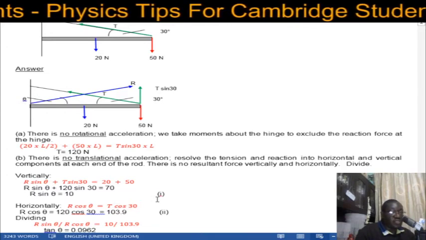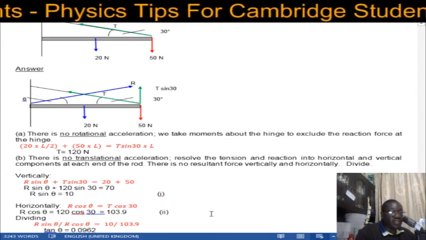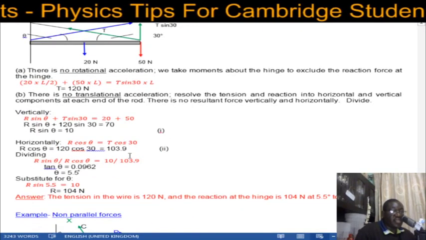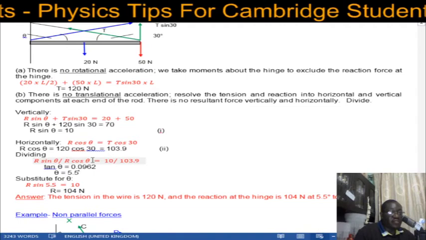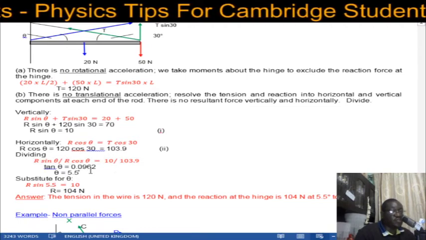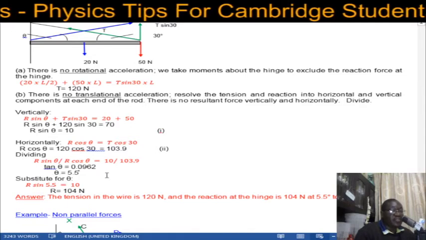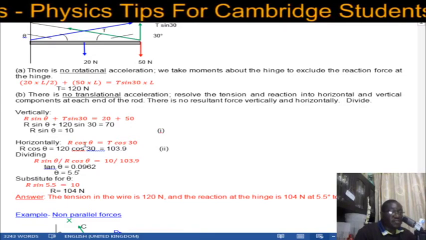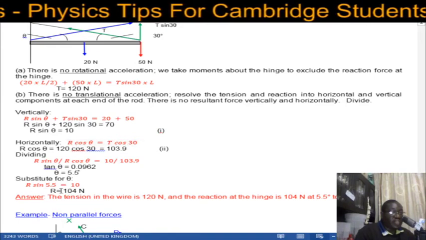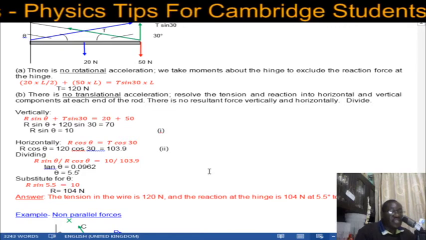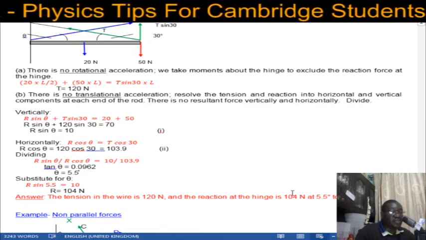So you use the two simultaneous equations to find theta and R. If you do that, you find that the sine theta and the cos theta will give you a tan theta, which will be equal to 0.0962. So theta will be 5.5 degrees. Then you substitute into the first equation here, and you find your R to be 104 newtons. So the tension in the wire is 120, and the reaction at the hinge is 104.